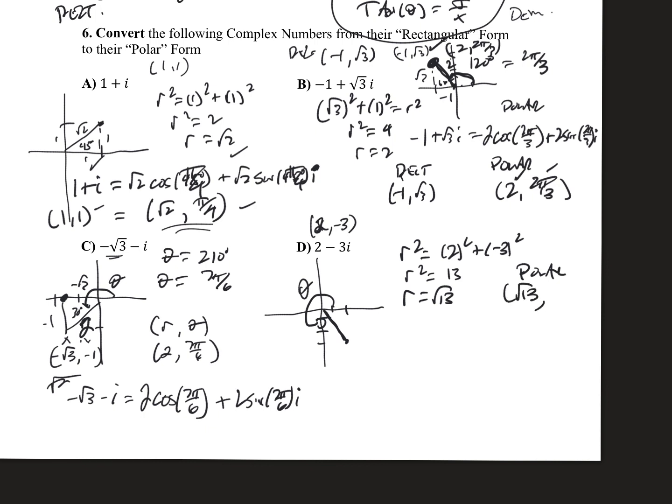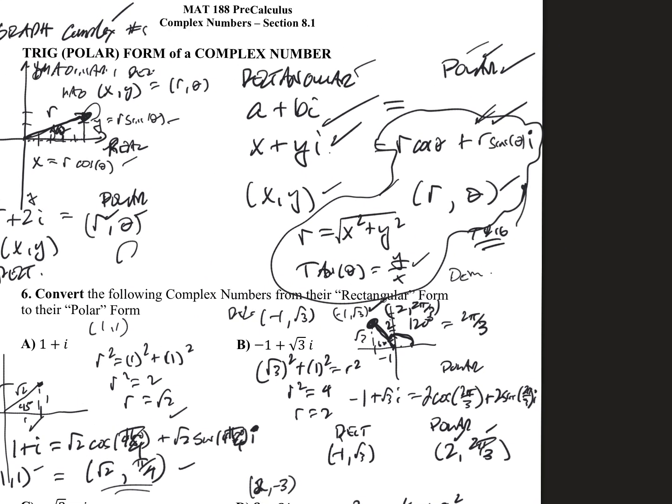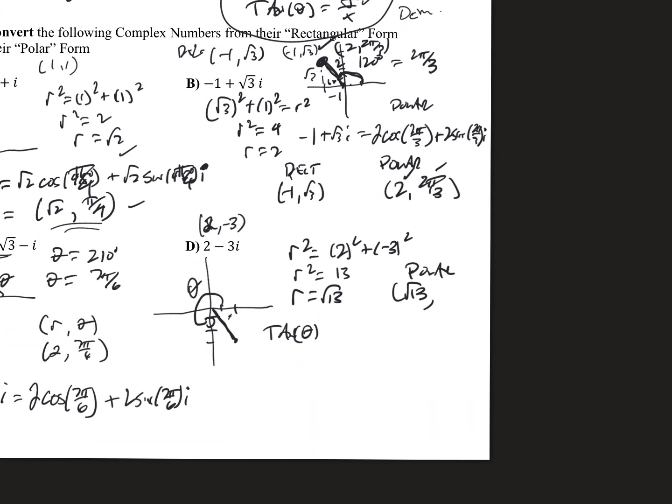My angle though, what I need to do is find out what this reference angle is, and that's going to come from following the definition. We know that tangent of the angle of rotation is my y over x value, which in this case is negative square root of 3 over 2. So theta is the inverse tangent of negative square root of 3 over 2. So we're expecting something in quadrant number 4, but we know from previous work that when I actually perform this on my calculator, let me punch it.